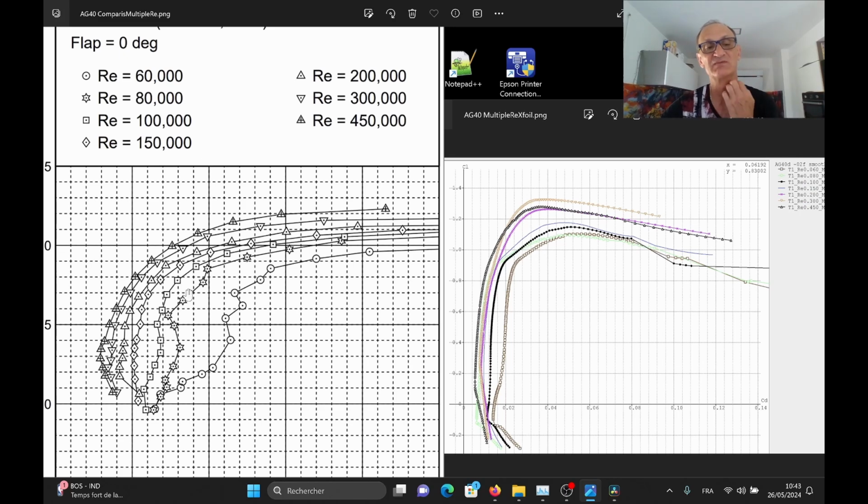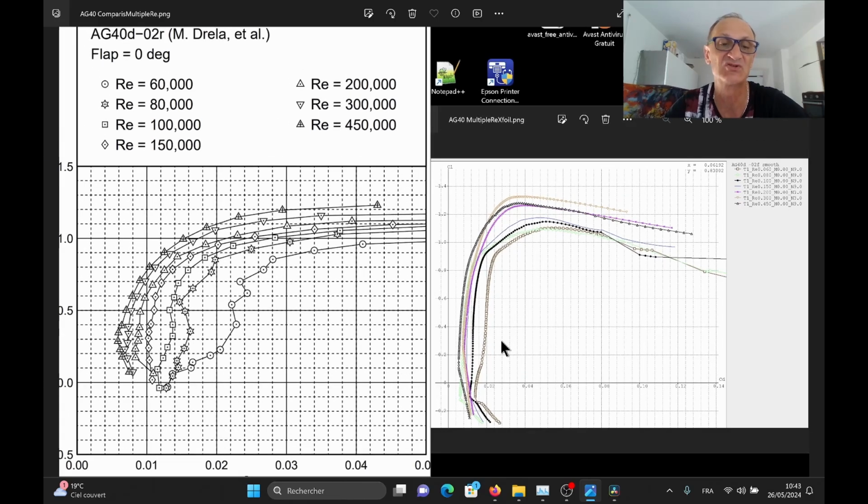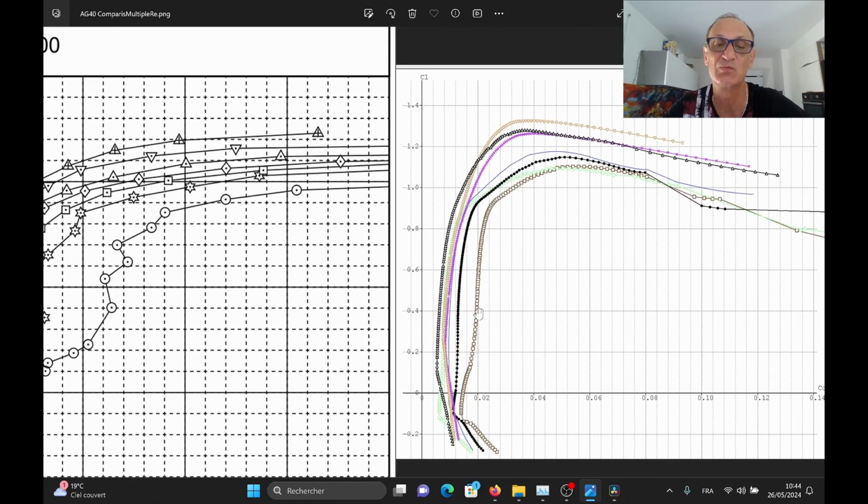But this profile had not been designed to work in this regime. First of all, because at 60,000 Reynolds, we start to have discrepancies: you can see that we have 0.02 drag here, and the threshold is crossed at 0.2 of lift, while on Xfoil it's 0.4.